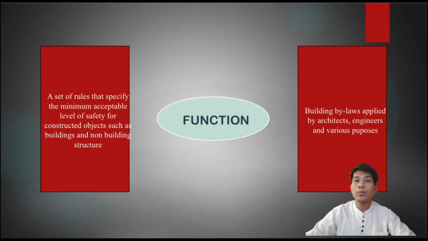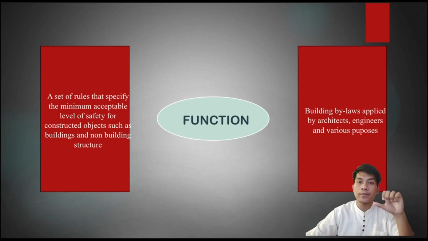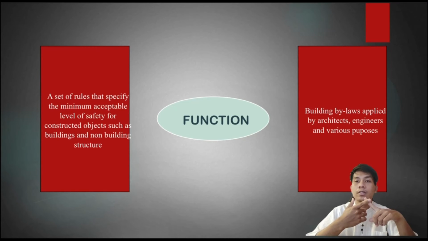So here I have two main functions of UBBL. First, a set of rules that specify the minimum acceptable level of safety. So, from the UBBL, we can get the minimum requirements of safety such as fire, structural, and etc. Next, building by-laws apply not only to architects and engineers but also other parties such as insurance companies and the environmental department.